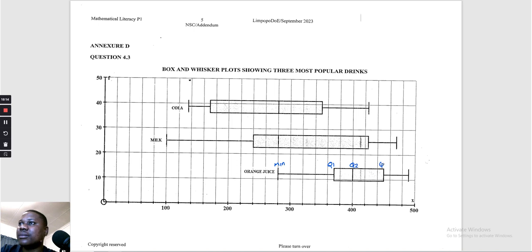This is Q3. This is the maximum. On the other note, this is 50%. I start here, that's quartile 2. This is 25%, this is 75%, this is 100%, this is 0%. So which one is the 75? The 75 is quartile number 3.